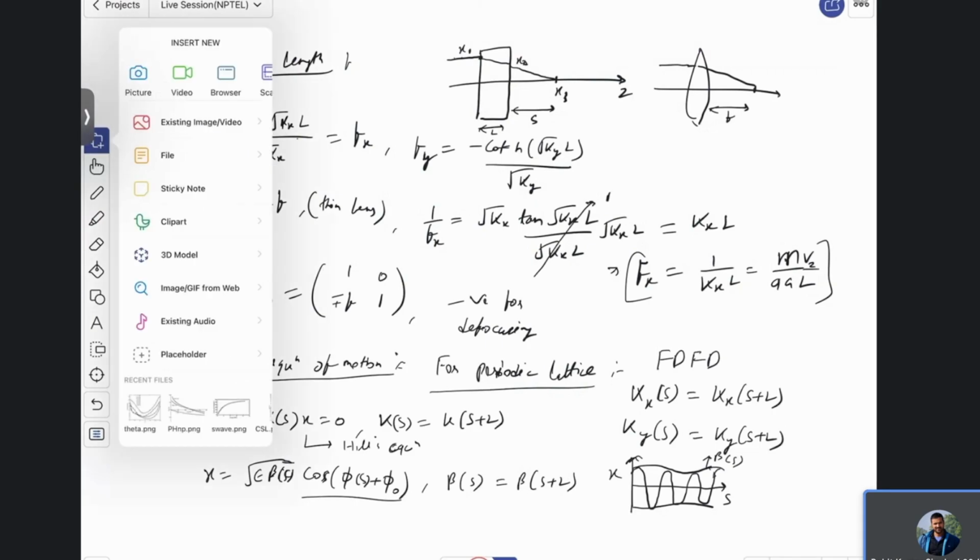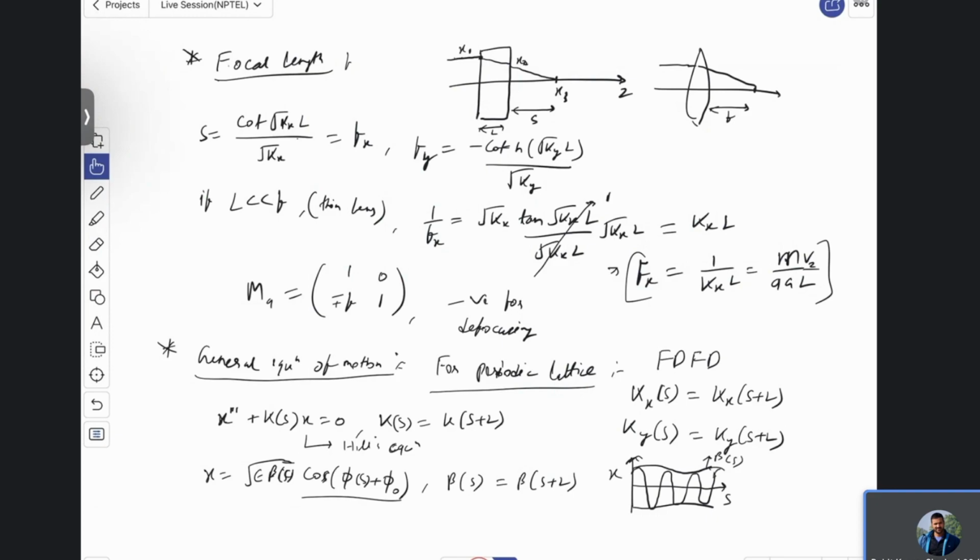I wanted to add another page here, but maybe we will manage here. So this is the general equation of motion and its solution.